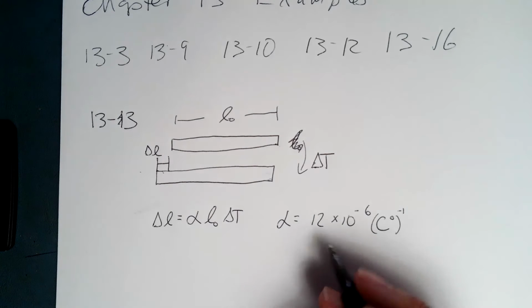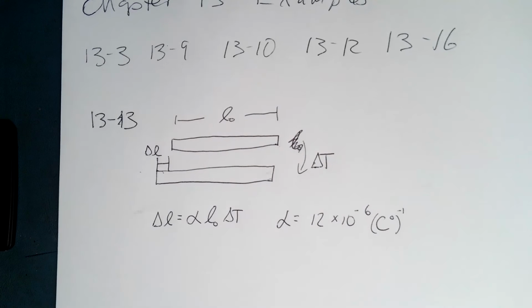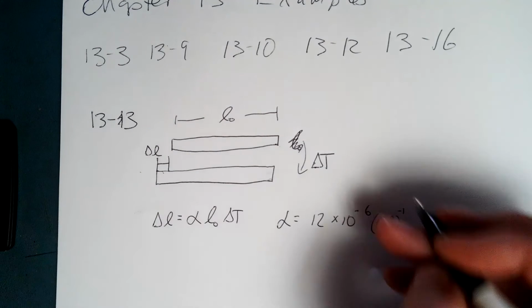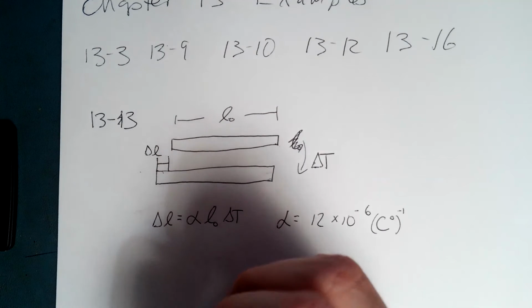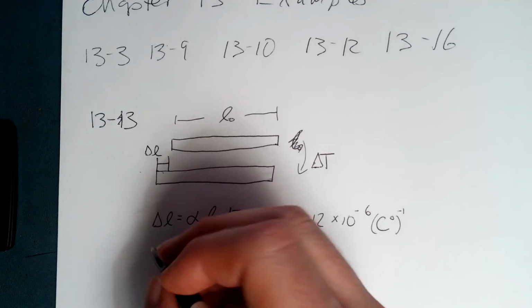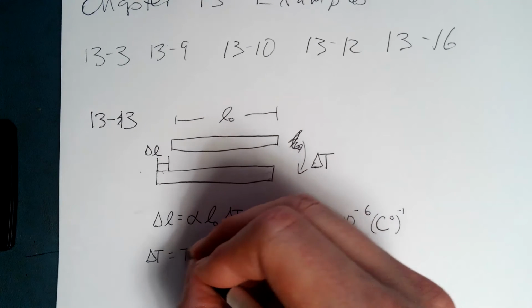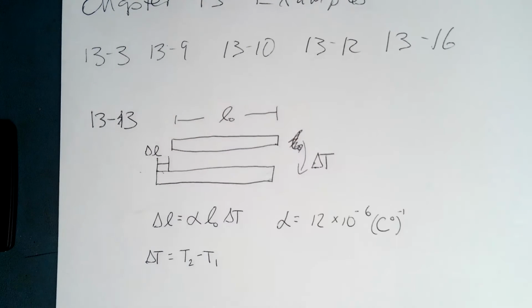Now, the steel bed of the suspension bridge is 200 meters long at 20 degrees. Now, we're looking at the extremes, meaning from negative 30 Celsius to plus 40 Celsius. How much will it contract and expand? Okay, so in figuring out the delta T, there's actually two things we need to do here. First of all, remember for delta T, it's T2 minus T1.